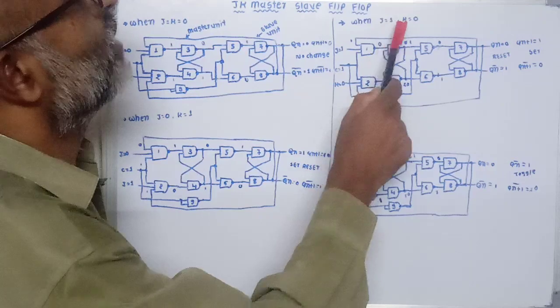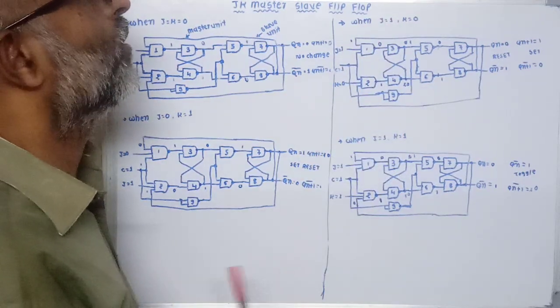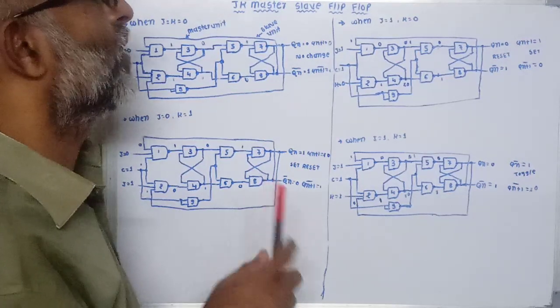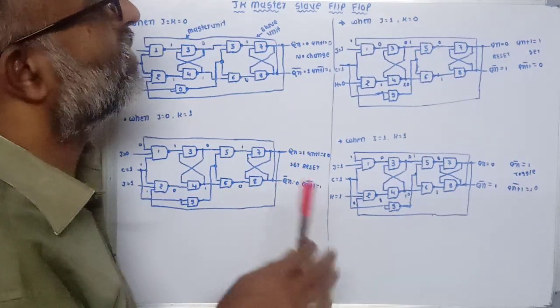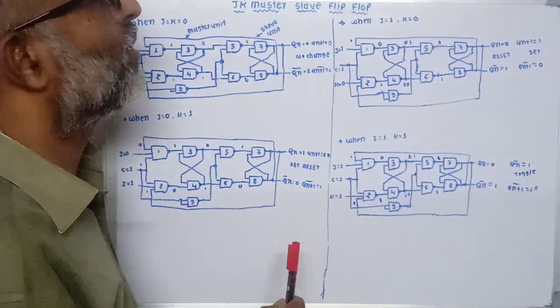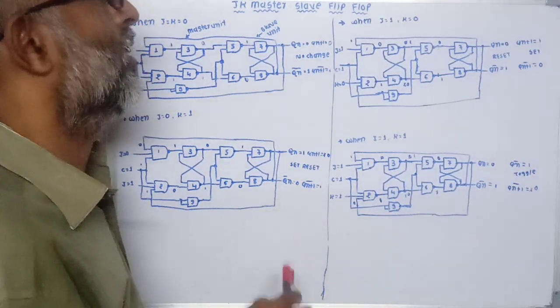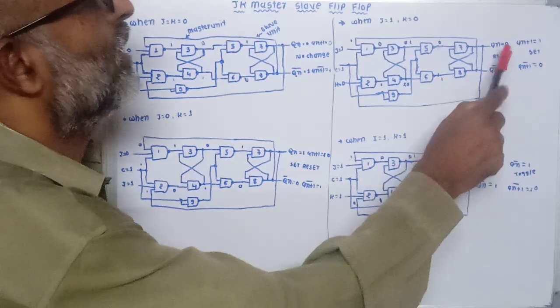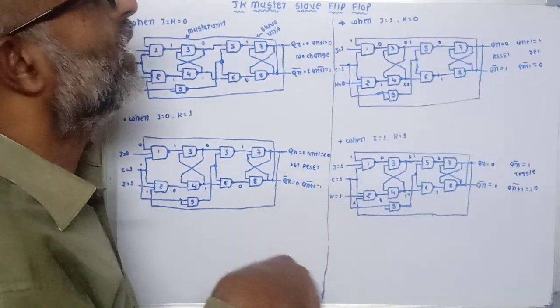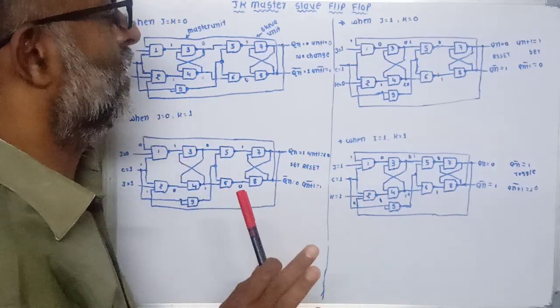So when J is equal to 1 and K is equal to 0, our flip-flop is always in set condition. If initially it is in set condition, after applying the input it remains in set condition. But if initially it is in reset condition, after applying the input it goes into set condition.